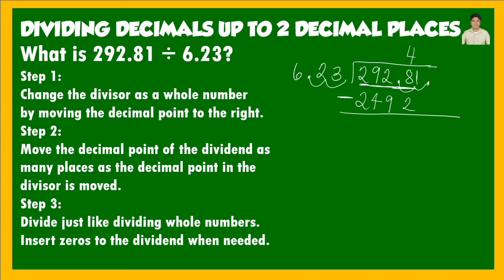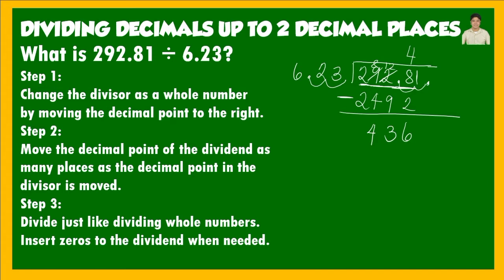Yan. 8 minus 2, we have 6. 2 minus 9 cannot be, so we will borrow 1 from 9. So this will become 8. And then 2 will become 12. 12 minus 9, that is 3. 8 minus 4, that is 4. 2 minus 2, that is 0.